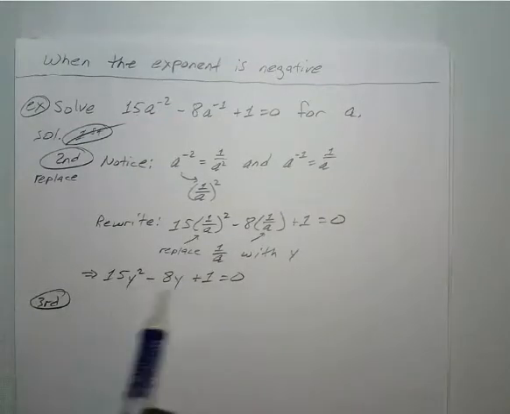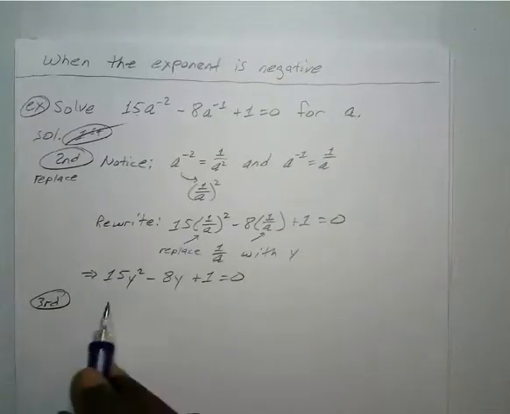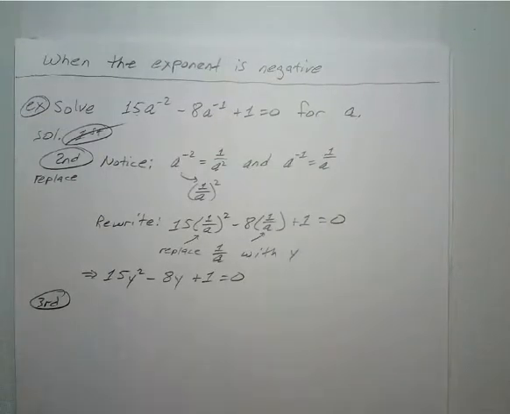In this case, instead of using the method of factoring or the a times c method, I'm going to use the quadratic formula. Again, it's a lot quicker than the a times c method.